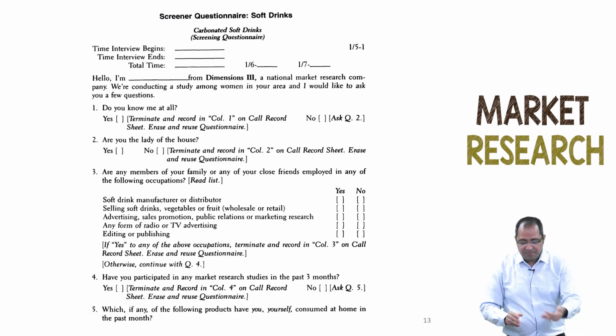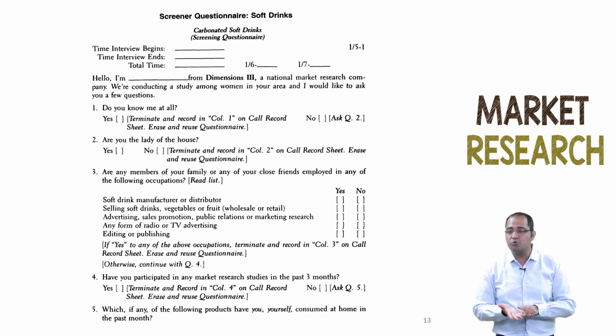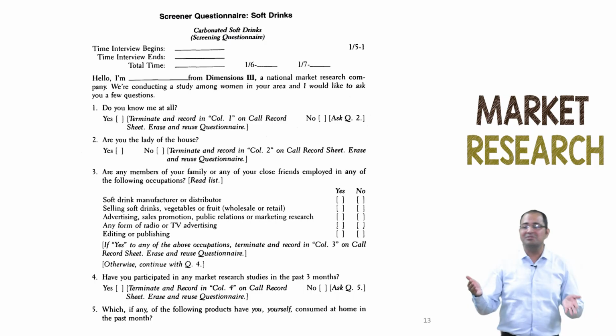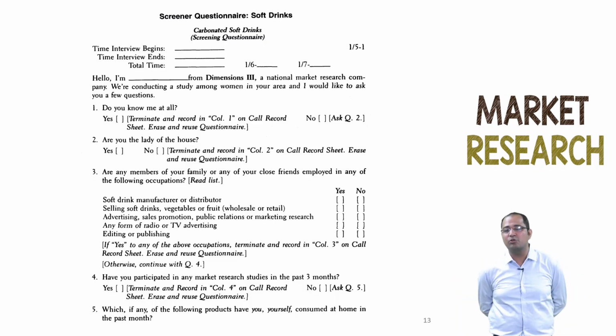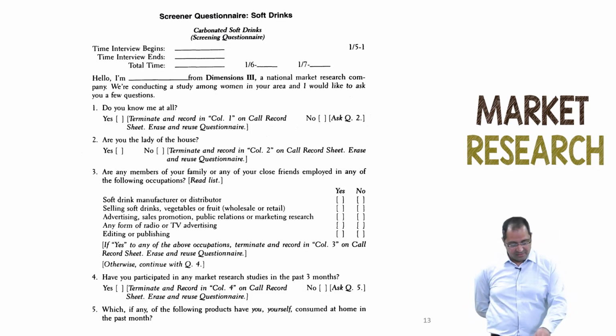Like in this case, there are questions like, do you know me at all? If you know the interviewer, then you will not be asked to continue. So familiarity with the interviewer is also a problem. If you think familiarity would create bias, discard it. Are you the lady of the house? Yes or no?